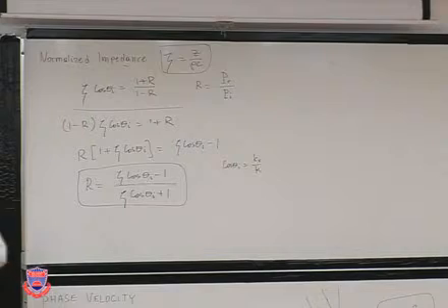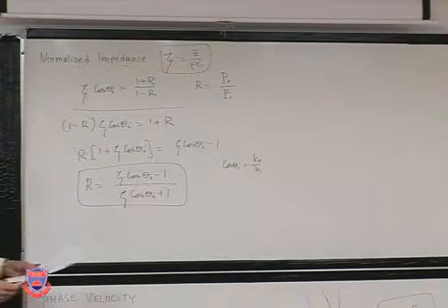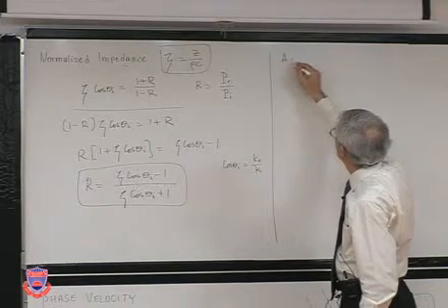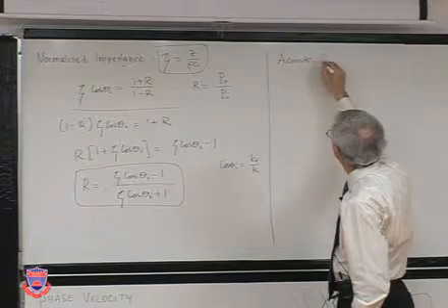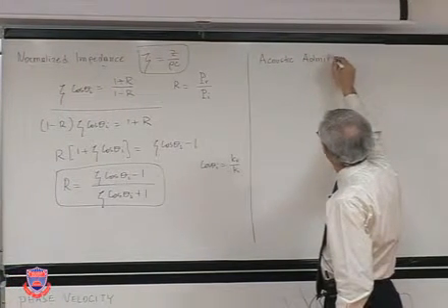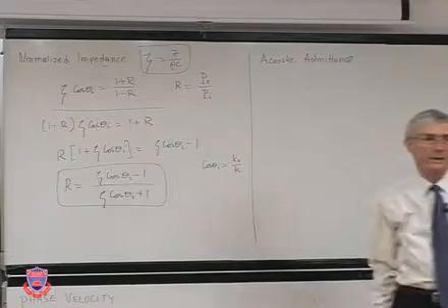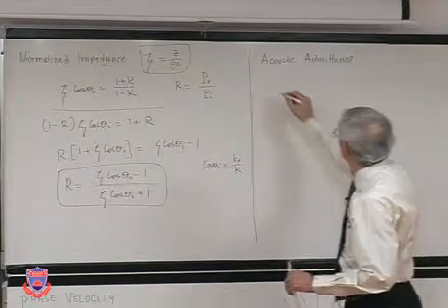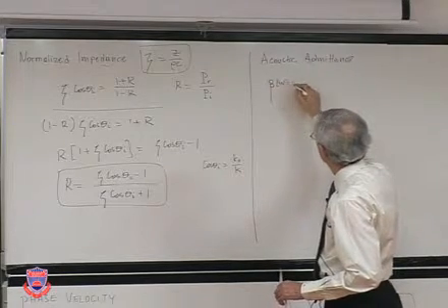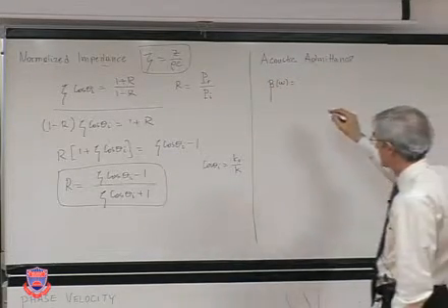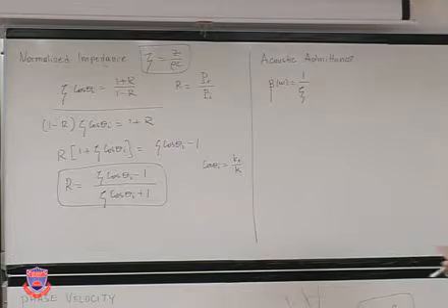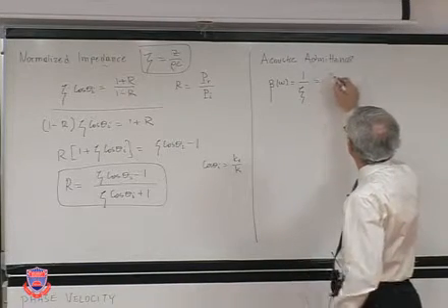One more thing before we finish this unit, and that is the notion of acoustic admittance. We did talk about this in the very first lecture, but now in this context we'll talk about the surface. So it is essentially 1 over the normalized impedance, 1 over zeta, and that means rho c.